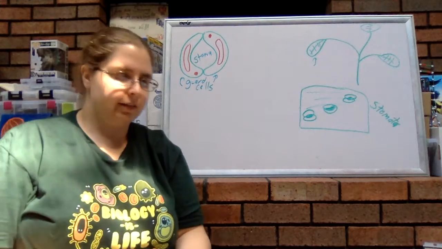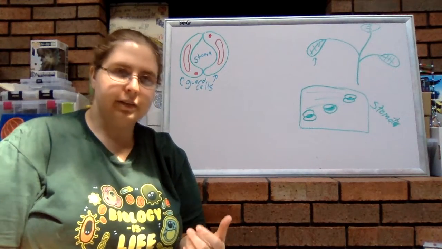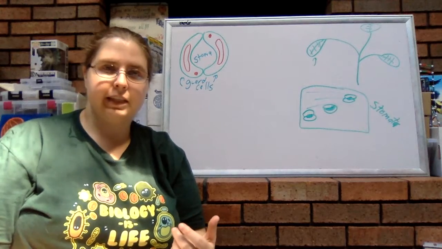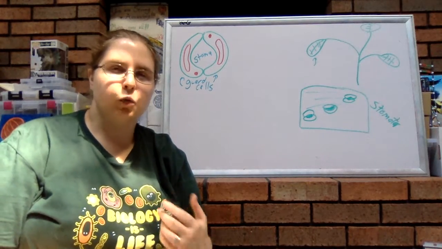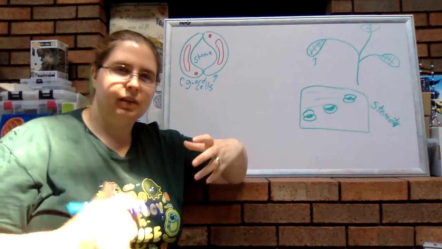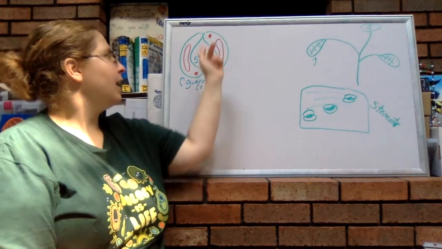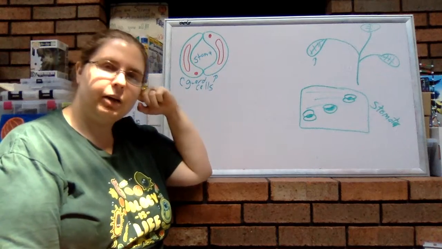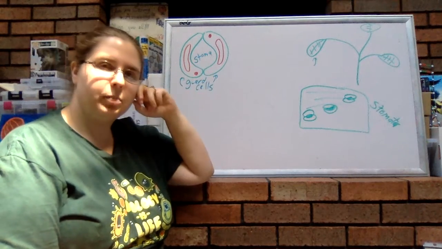How these work is when the sunlight hits the plant, hits the leaves, it actually causes a reaction in the guard cells, and it's going to cause them to fill with water. When they fill with water, they bulge out like this. And when they bulge out, it opens that pore, the stoma.